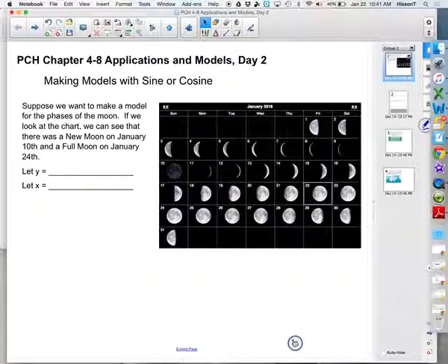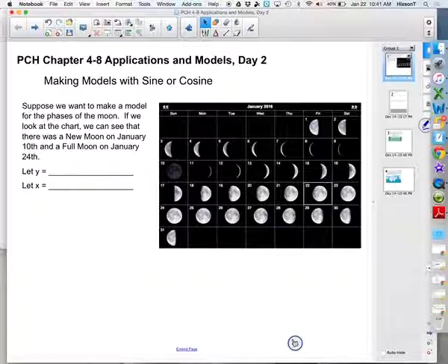But I got this shot of the chart of the phases of the moon for this month, okay, and this is current. So today, it's getting towards full. It's a waxing gibbous, if you're into astronomy. But you'll notice here, we had a new moon back here on the 10th, all right?